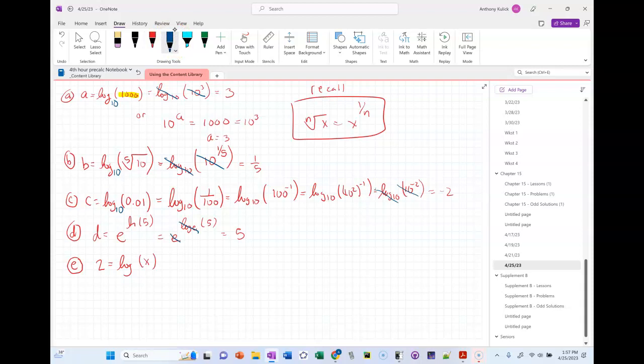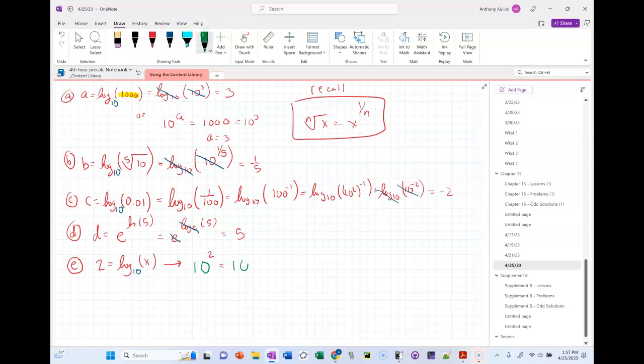So here we have 2 is equal to log of x. What's the base of this logarithm? I don't see anything written there. 10. So what exponent base do I need to use to cancel that logarithm? 10, right? So I'm going to write the left-hand side as 10 to the second.